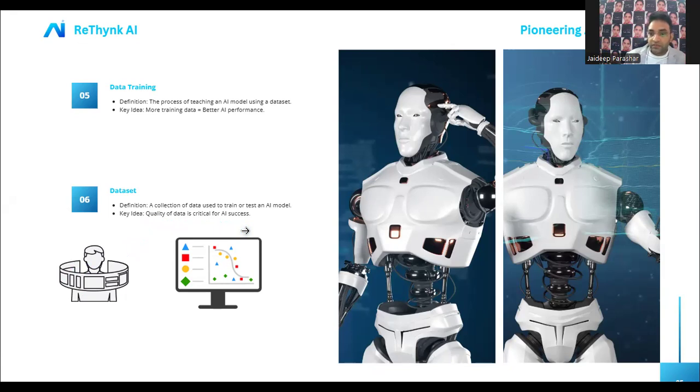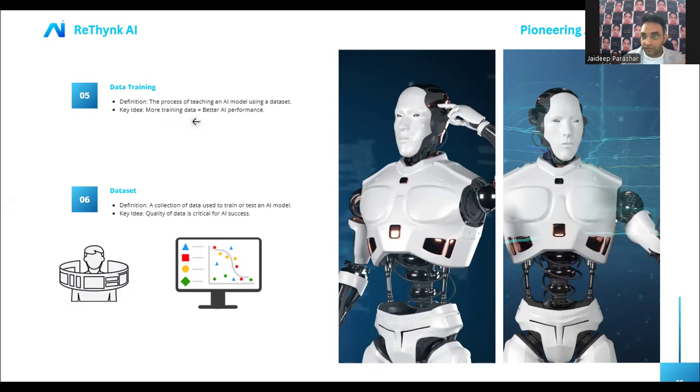However, there is another data set which is 100% relevant, 100% transparent. This data set is very important. Next, the key idea behind data training is the more you train your AI, the more you train your data, the better will be your AI performance.